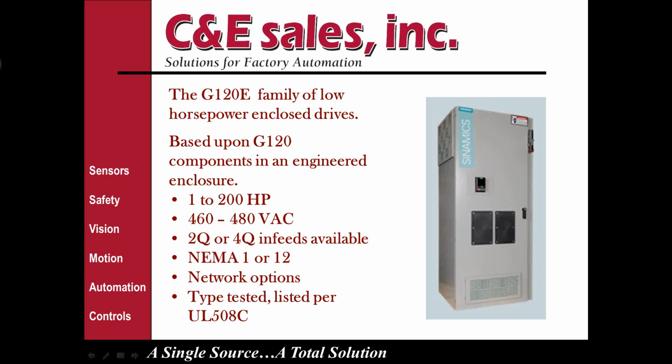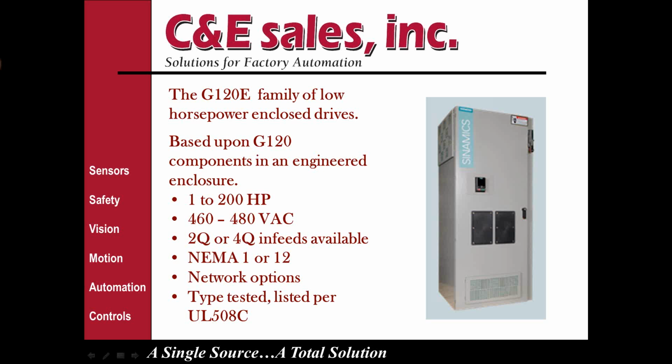There are a few other options that you can specify with them, and you can select which G120 controller you're using with the units. Delivery is very quick, typically under 3 weeks, and they range from 1 to 200 horsepower in the 460 to 480 volt range. Optionally, with a slightly longer lead time, I believe you can go down into the 380 volt range.